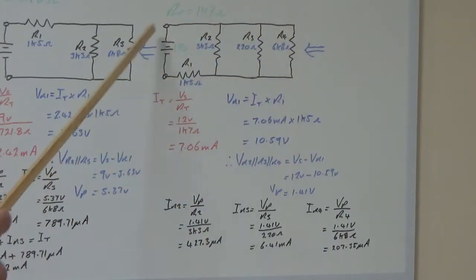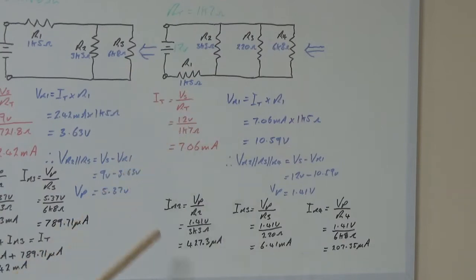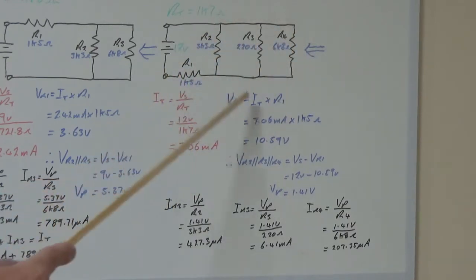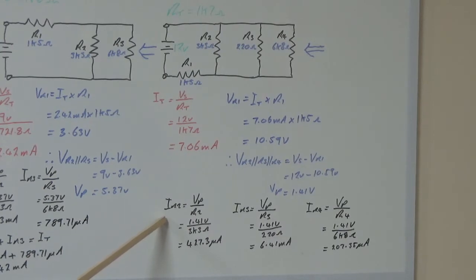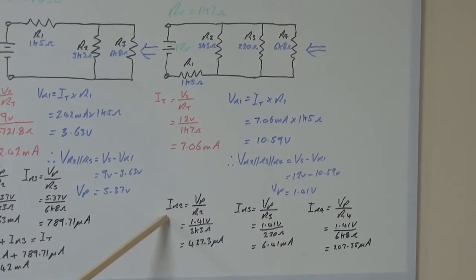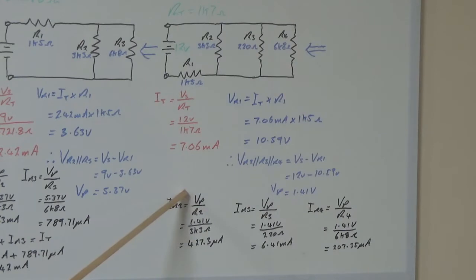Now for this circuit here, again, we worked out our voltage drop across our parallel section. We came up with 1.41 volts, and we call that VP. And you can see here for R2, or the current passing through I2, you got your parallel voltage drop divided by R2, you end up with 427.3 microamps.